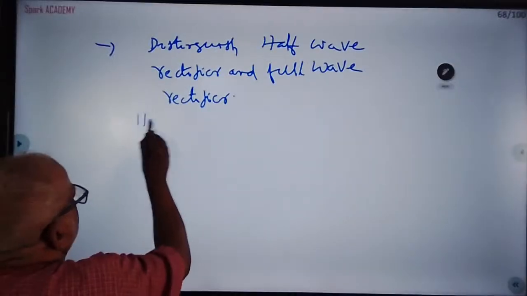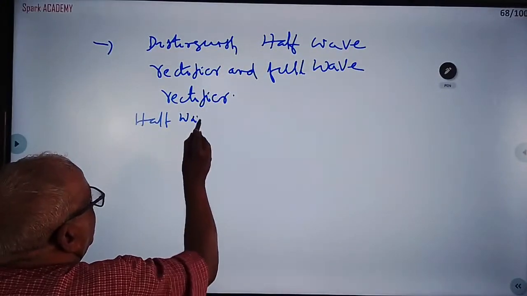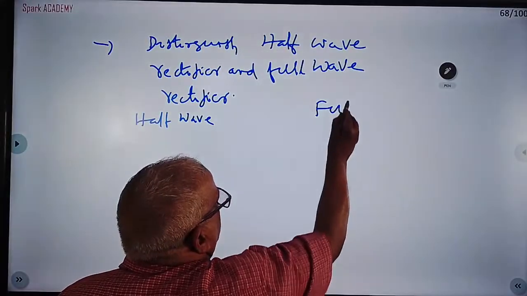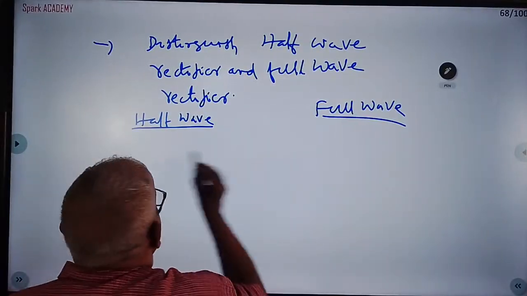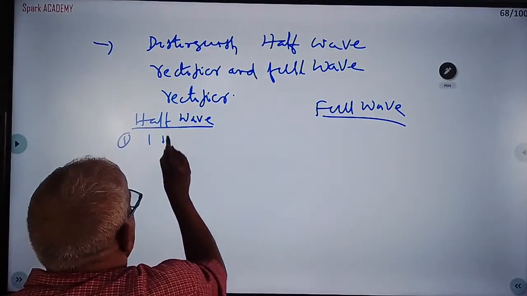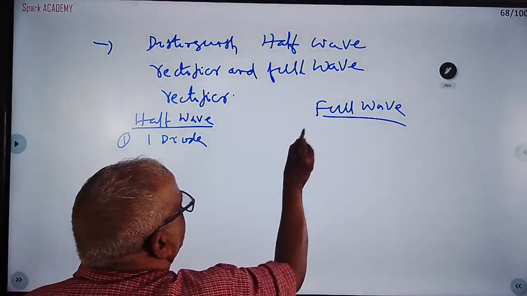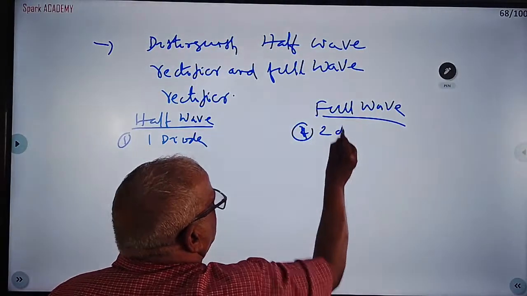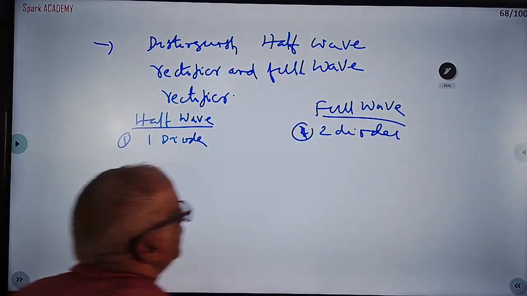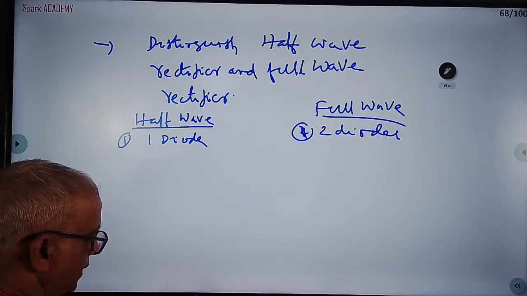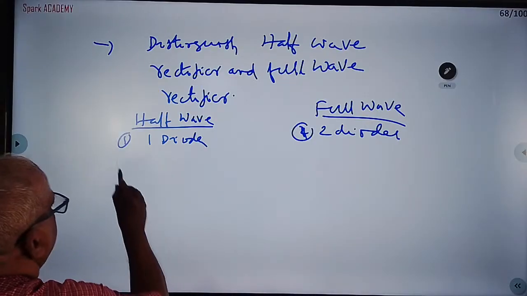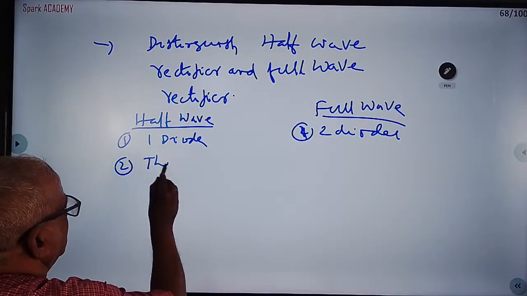Here, half wave and full wave, in table form. Half wave: only one diode is used. Full wave: two diodes are used. There is no center tap in half wave.